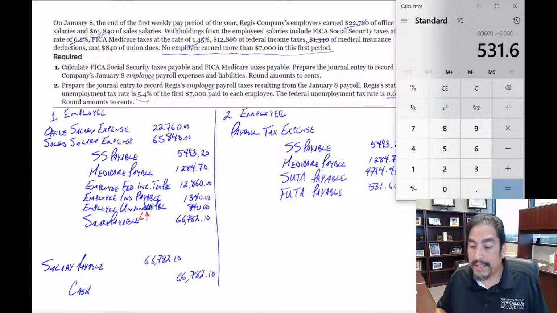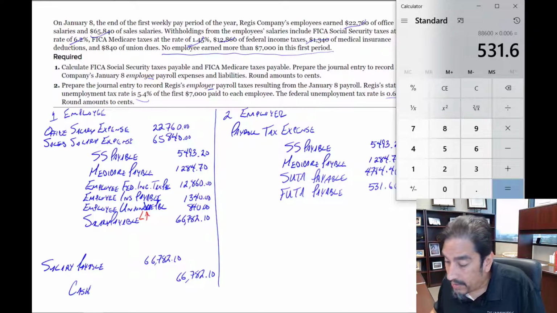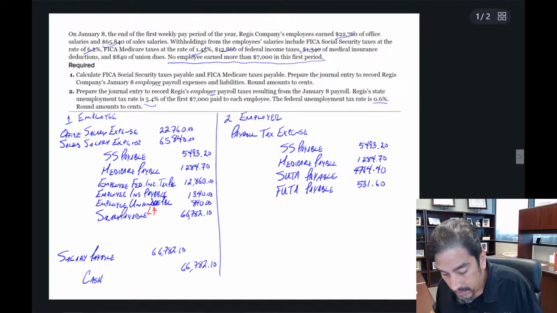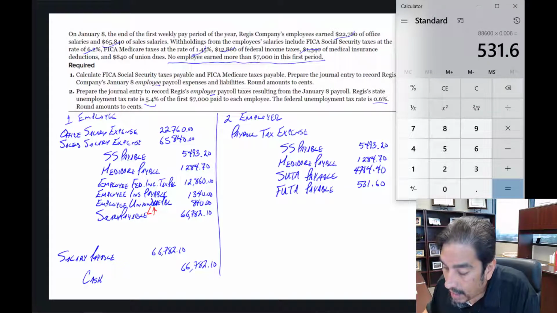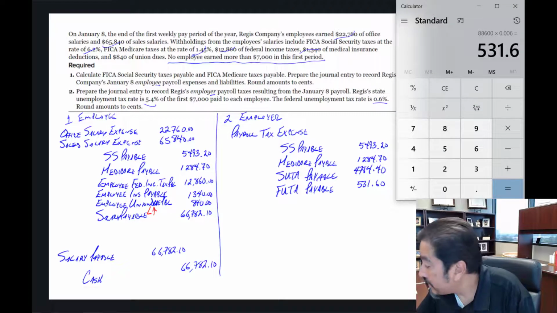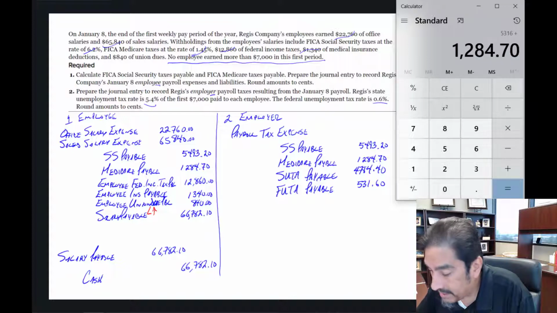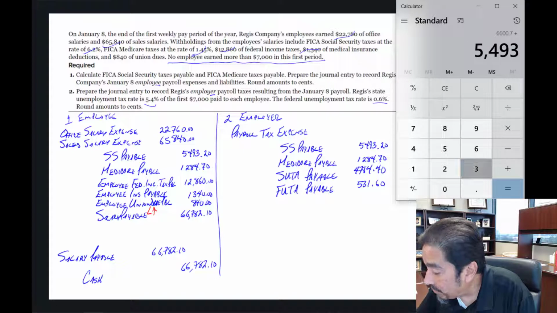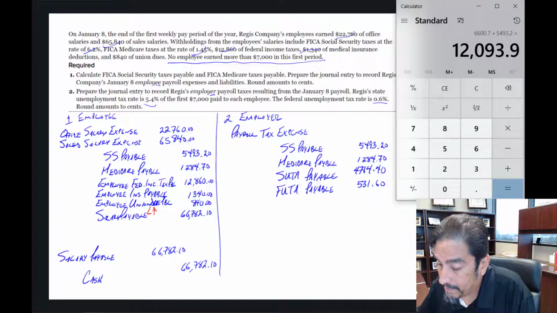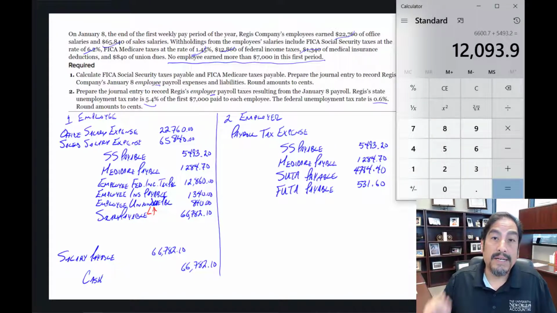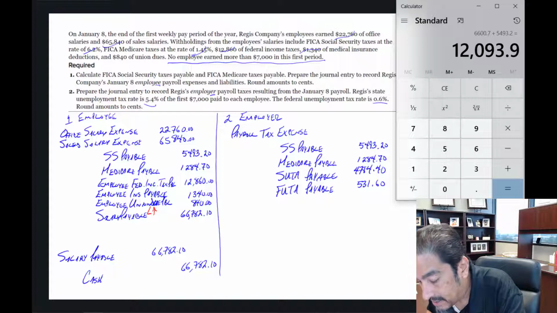And now to get the expense amount, we have to add those 4 pieces up. So the 531.60 and 4784.40 and 1284.70 and 5493.20. $12,093.90 is our debit.